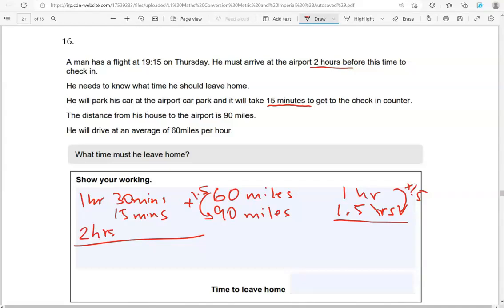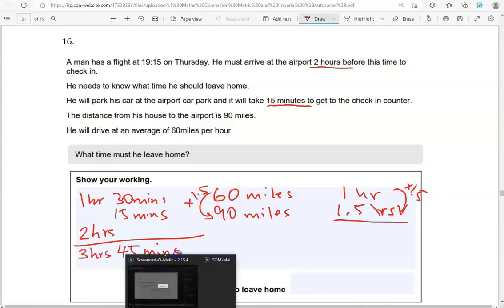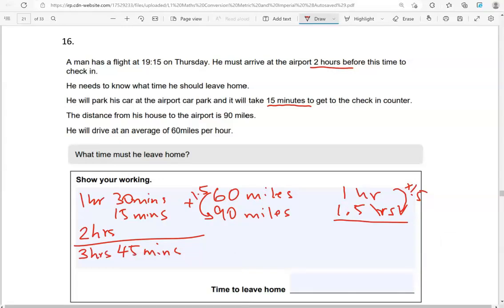So 30 minutes and 15 minutes, that is 45 minutes. 1 and 2 hours, that is 3 hours. So he needs to set off 3 hours and 45 minutes before 19:15.